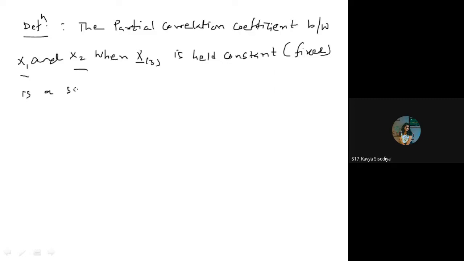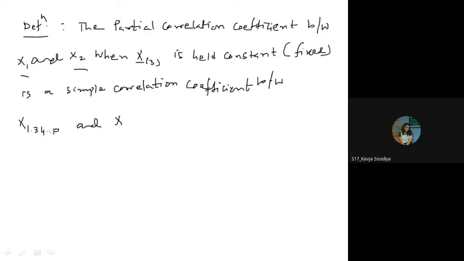It is a simple correlation coefficient between x1 dot 3 4 up to p and x2 dot 3 4 up to p.